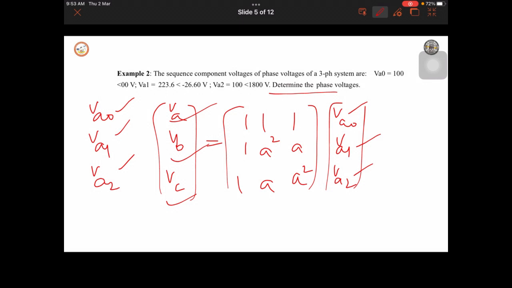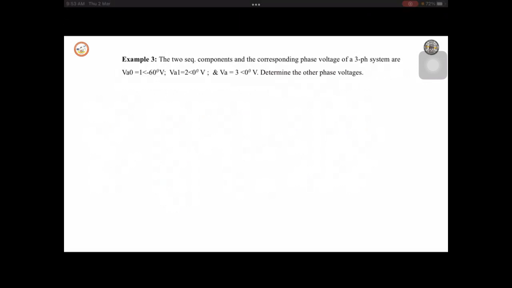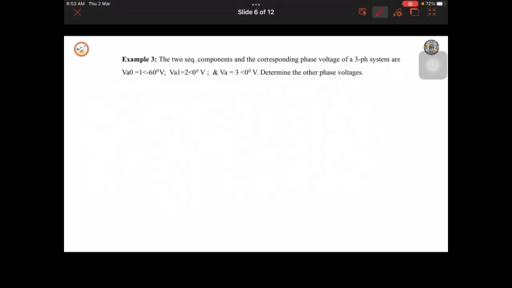After this, we will take up the next problem. Here, 2 sequence components and the corresponding phase voltage of a 3-phase system are given.